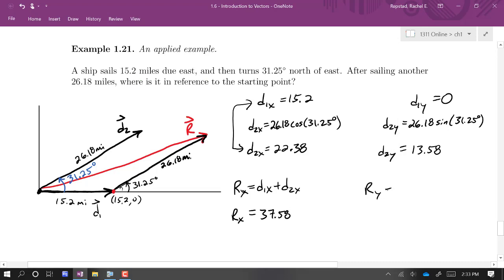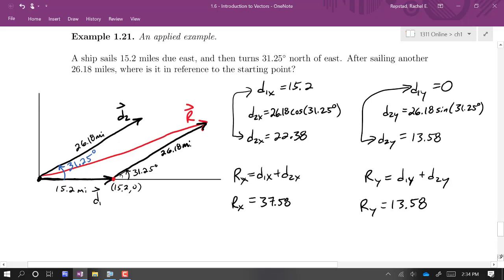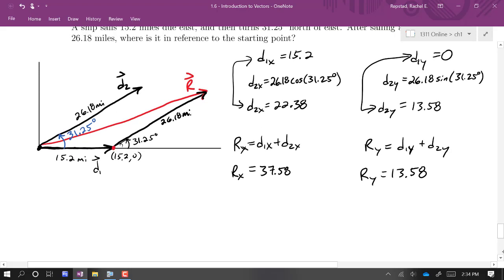And Ry is D1y plus D2y. So I'm going to add these two things together. Of course, D1y is 0, so Ry is 13.58. Now that I have the components, I'm going to finish this up by finding magnitude and direction.